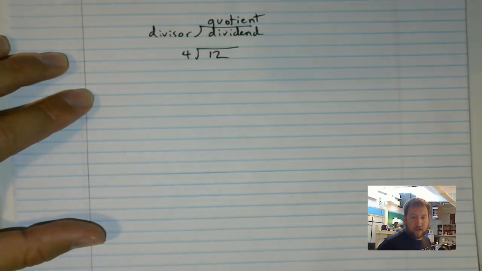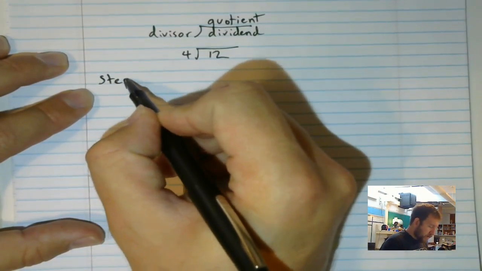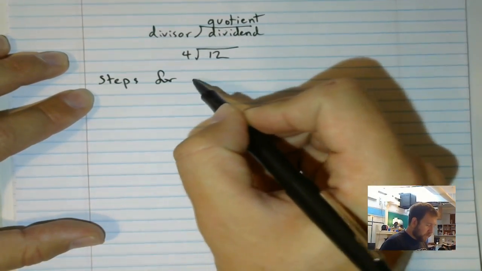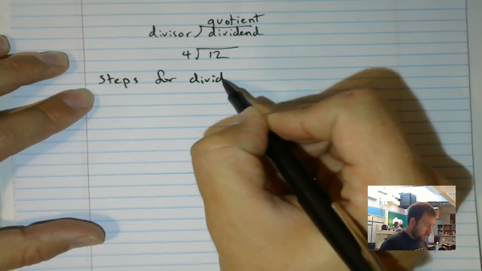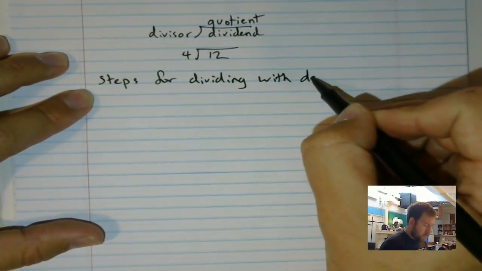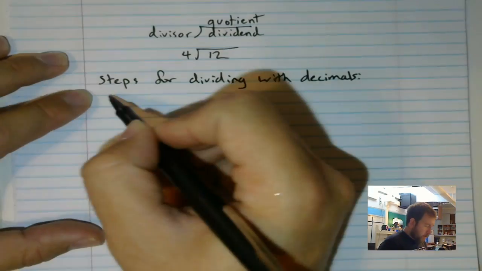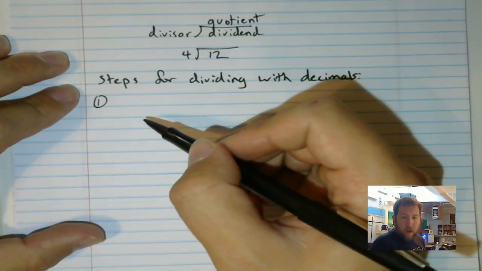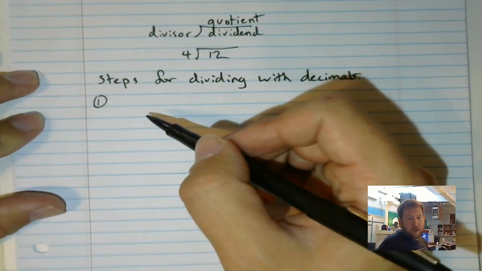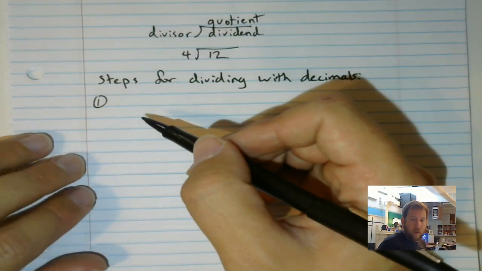Alright, here's our different rules. Steps for dividing with decimals. First step, we have to move the decimal point of your divisor to the right as many places necessary to turn it into a whole number.